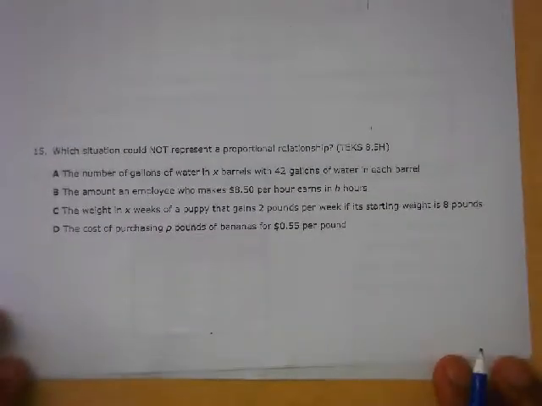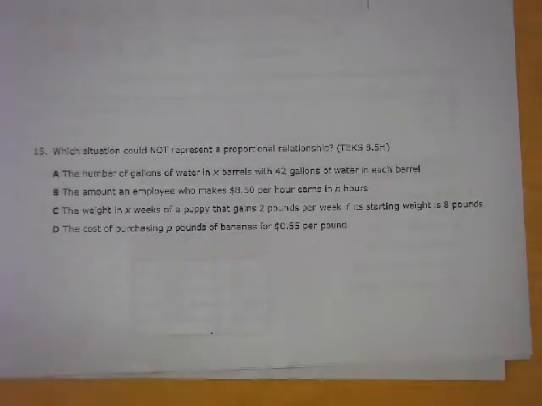This one says which situation could not be proportional. If it's not proportional, that means the situation does not start at 0. So A says the number of gallons of water in the barrel is 42 gallons. That starts at 0. Okay, so it's X barrels with 42 gallons of water. It didn't say that 3 barrels have this much or whatever. It didn't give us a number other than X amount of barrels have 42 gallons of water. So A is proportional. B says 850 per hour.